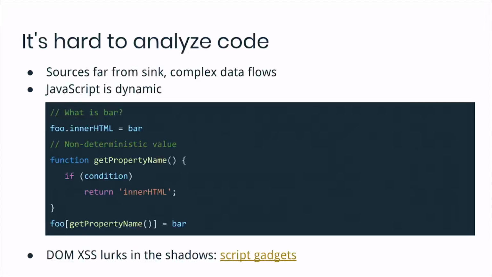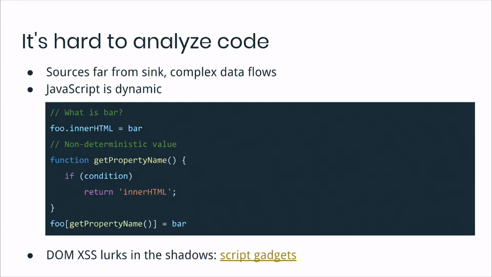On the second thing, why DOM XSS still exists, it's extremely hard to analyze JavaScript code, especially in terms of DOM XSS. It's hard to spot the actual vulnerability. In practice, you do not have the reading from source and the assigning to the sink right next to each other. There will be a huge call stack of functions in between them.